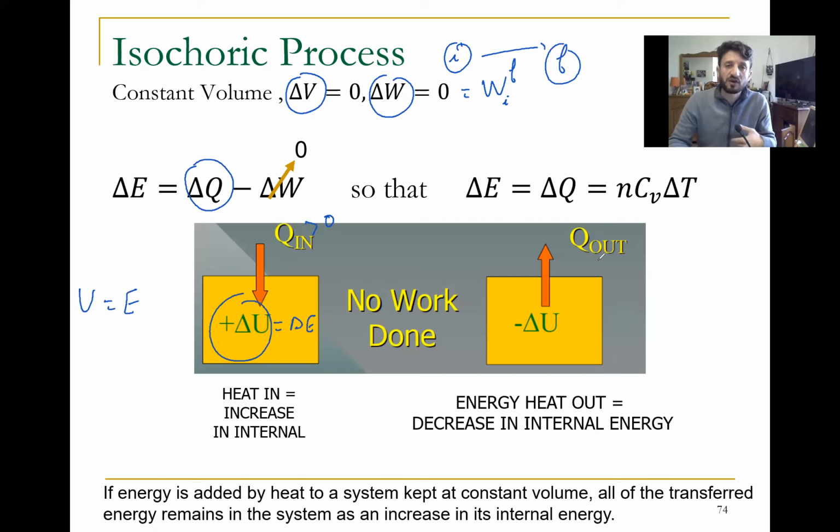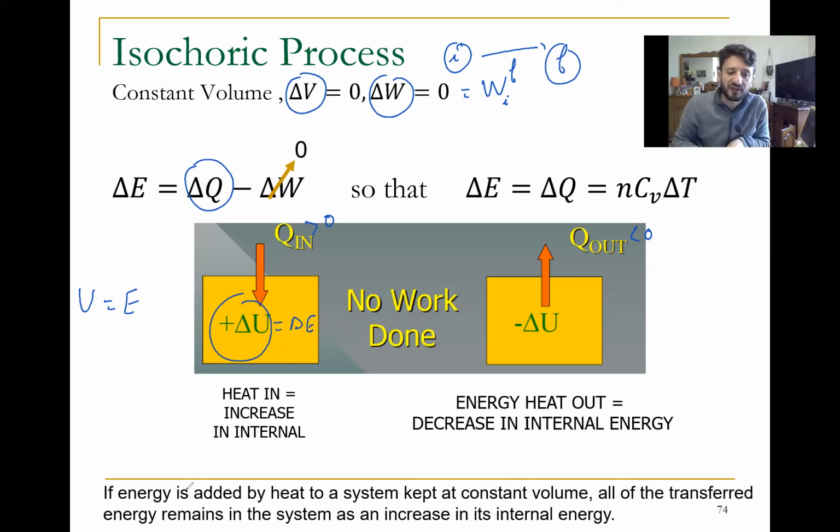If we lose a quantity of heat, Q is negative, so delta E must be negative. In the case of Q positive, we increase the internal energy. In the case of Q negative, we decrease the internal energy.